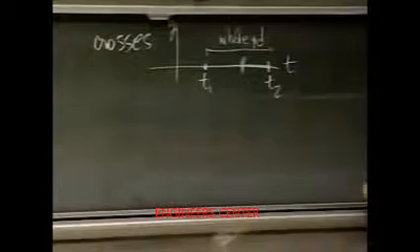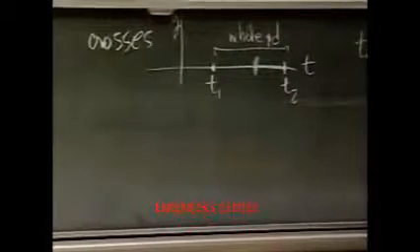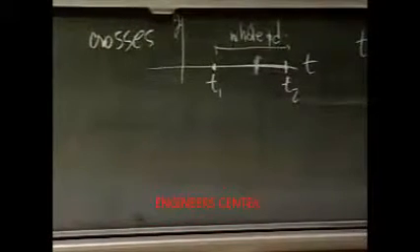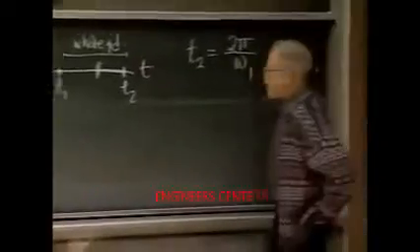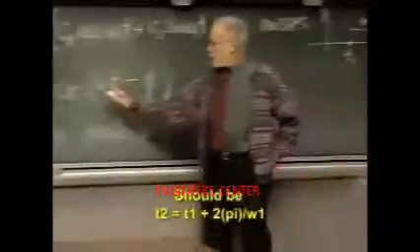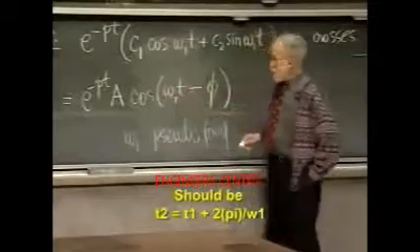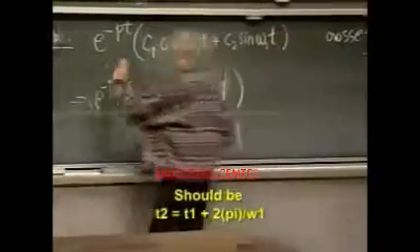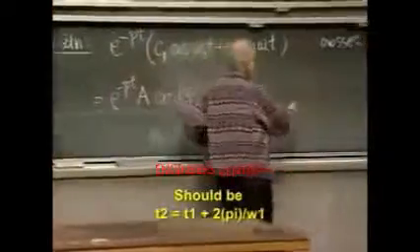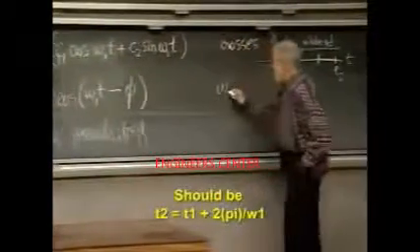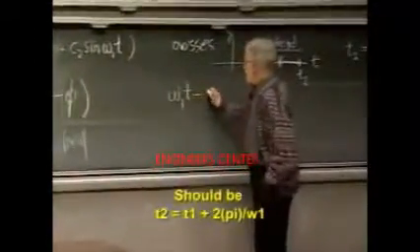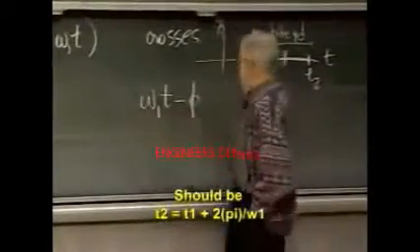What's t2? Well, I say that t2 is nothing but 2 pi divided by omega 1, and you can see that because when I plug in, if I have a point where it's 0, so omega 1t minus phi, when will it be 0 for the first time?